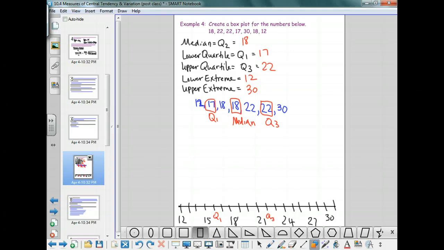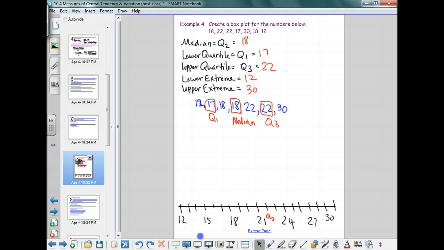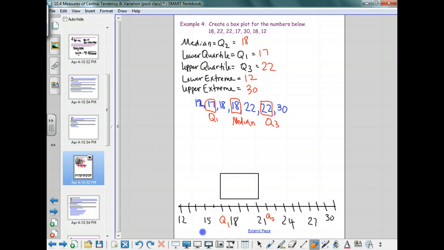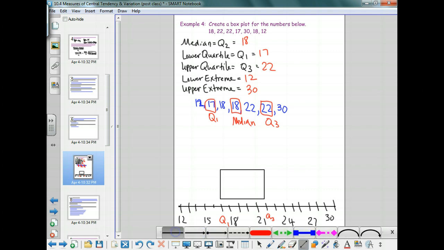We're going to start it here. Q1's right there. We're going to make a vertical line down at 18, the median. Something like that. That's the box of the box plot.